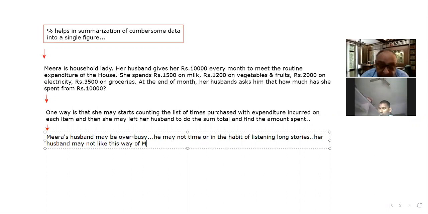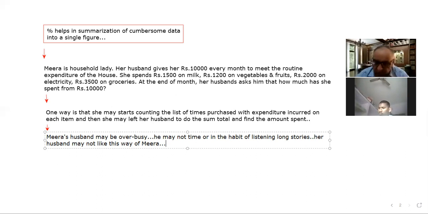Similarly, when you become officers and go for a presentation before a minister or the chief minister or some higher official, they may not have that much time. You were sent a grant of rupees 1000 crore, and where has the money been spent?